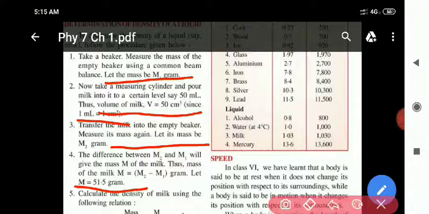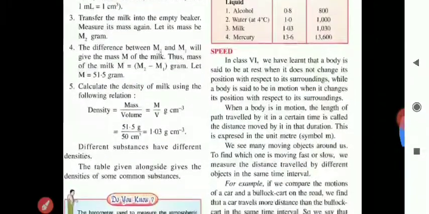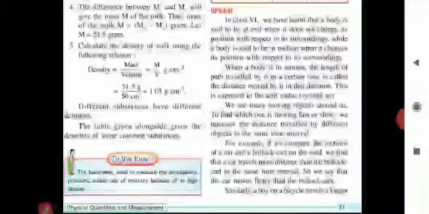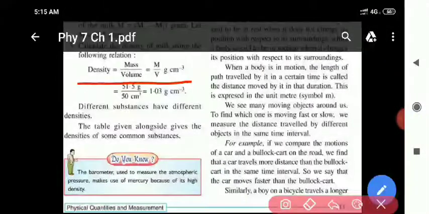Now to calculate the density of milk using the following relation, we put the values in the formula. Density equals mass upon volume. Mass was 51.5 gram, volume is 50 centimeter cube. So density equals 1.03 gram per centimeter cube.